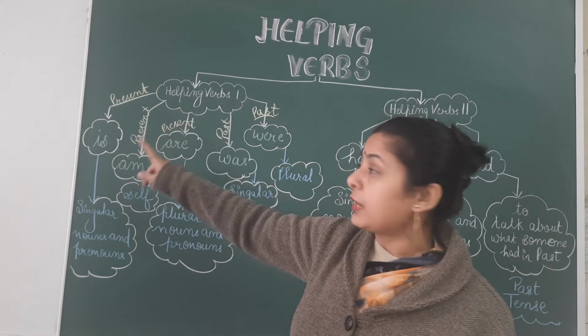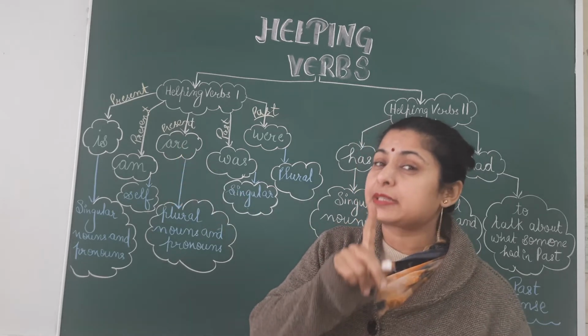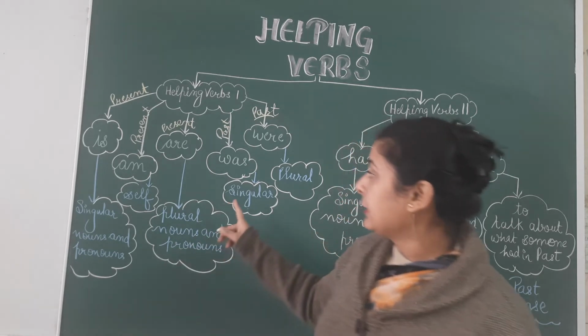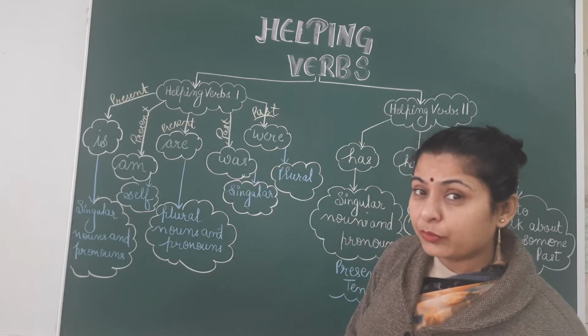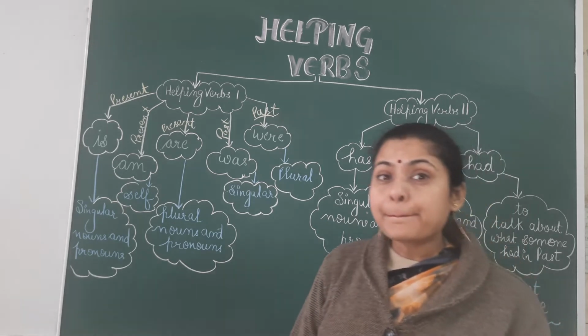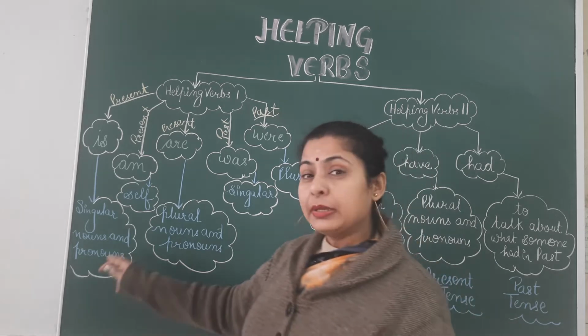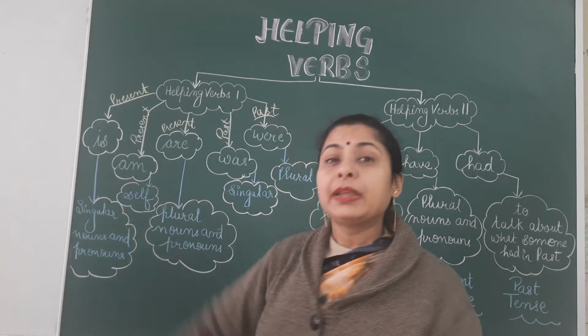So whenever we are using is, am, are, we have to be careful that the sentence should be in present form. Now was and were. These both helping verbs are used in past tense only. Alright.